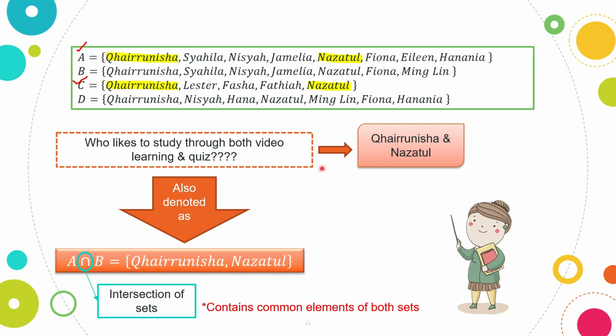This is the intersection; it contains the common elements. If you see this symbol, it means the intersection of sets. It's just like the letter N. Do you have any questions?